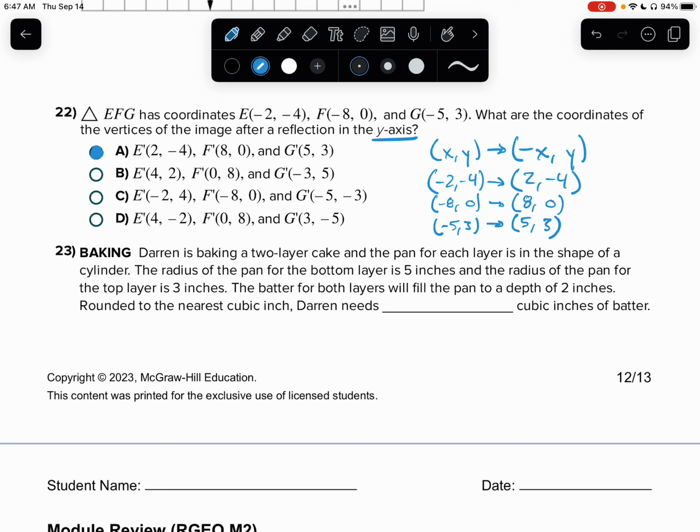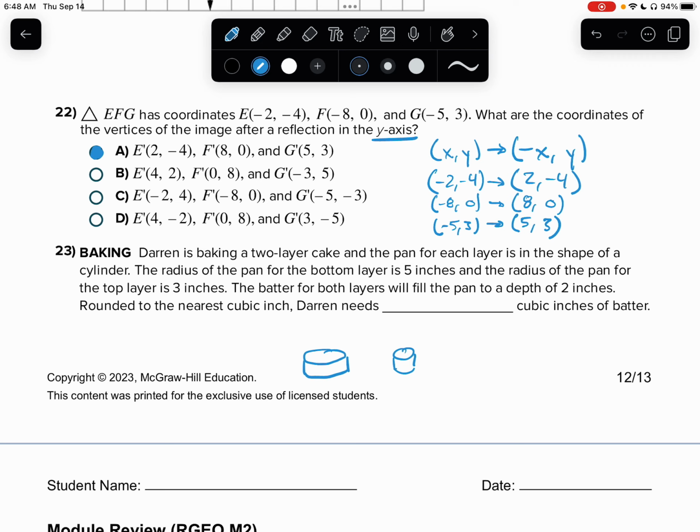All right. Number 23. Darren is baking a 2-layer cake, and the pan for each layer is in the shape of a cylinder. So it's 2 separate cylinders that we can envision here. There's a cylinder, and then there's another cylinder because it's 2 layers. One of them is smaller.